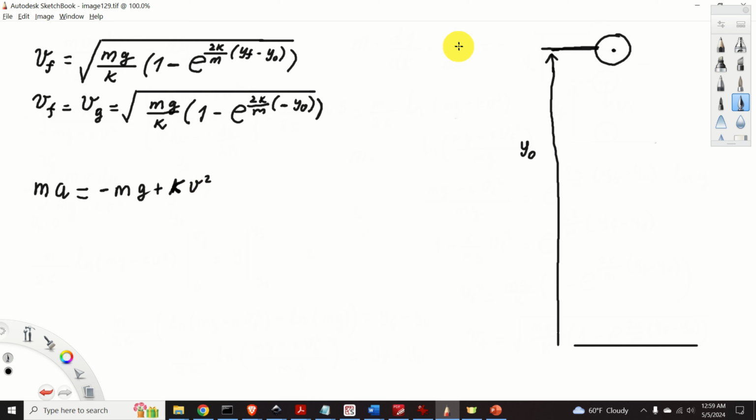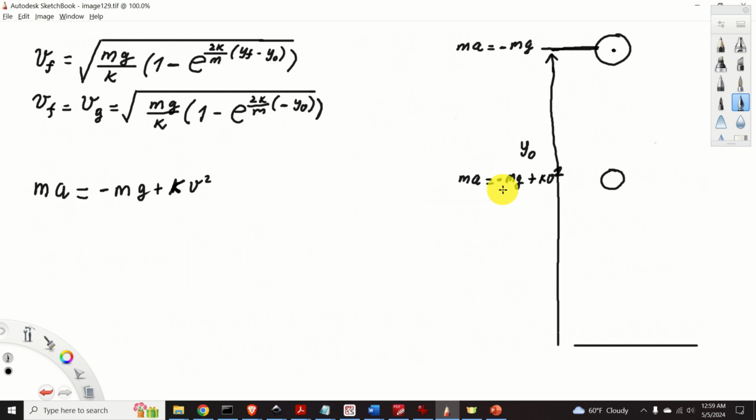That is, at the initial point, we will have ma is equal to minus mg. And the ball will accelerate only due to the gravitational acceleration. Then, after some time, for example, at this height over here, we'll have that the acceleration will be minus mg plus kv squared. And that's precisely this term over here.